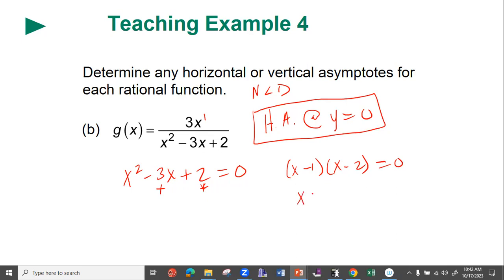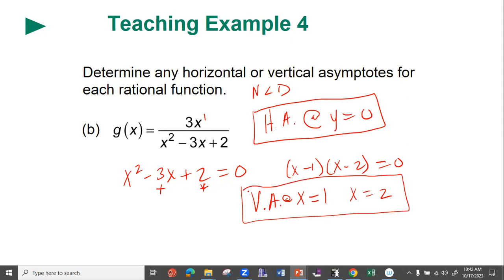So what can x not be? 1 and 2. Here are your vertical asymptotes. So we have vertical asymptotes at x equals 1 and x equals 2. Because if I plug either one of these numbers in, it would make my denominator equal to 0.